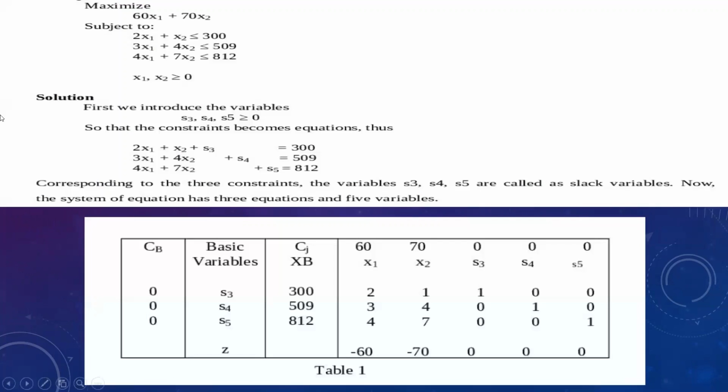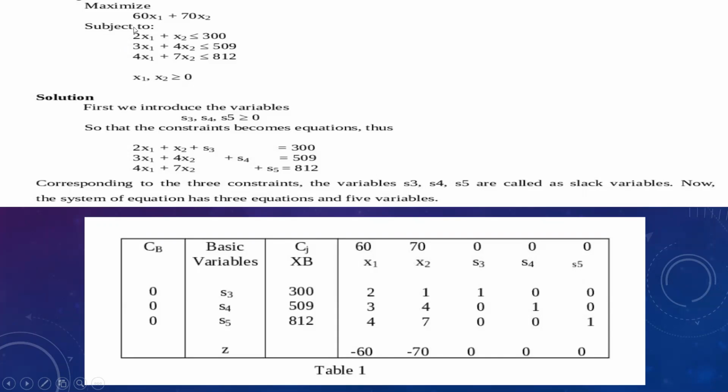This is because 3 columns will be fixed in the simplex table, that is CB, basic variables, and XB. Then the next columns will be the variables in the main objective function plus the later added variables.